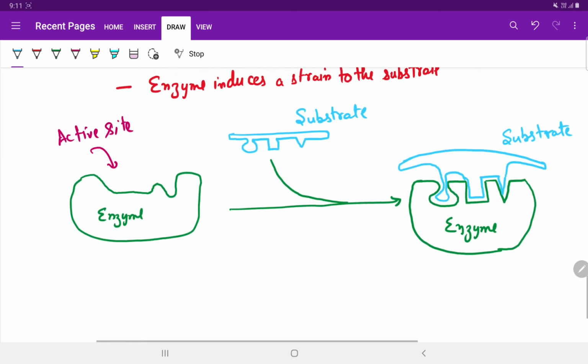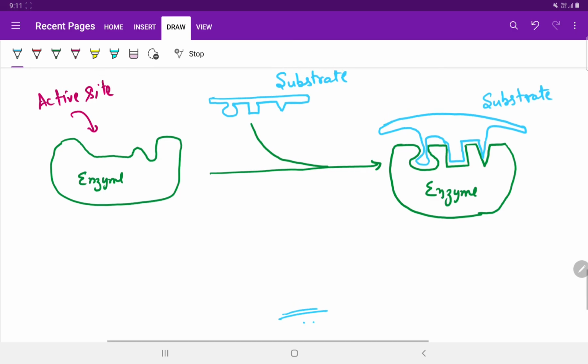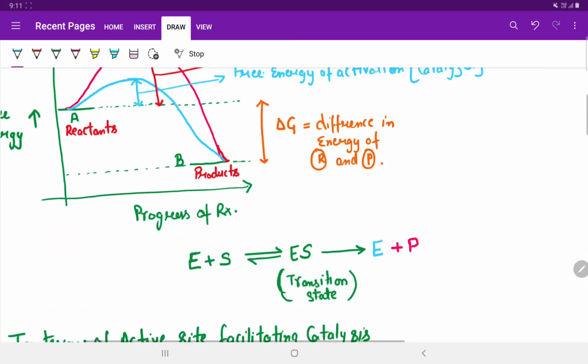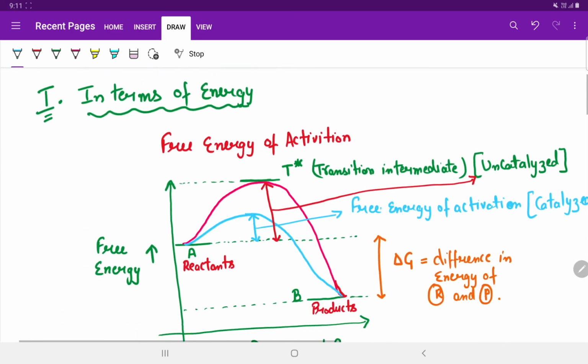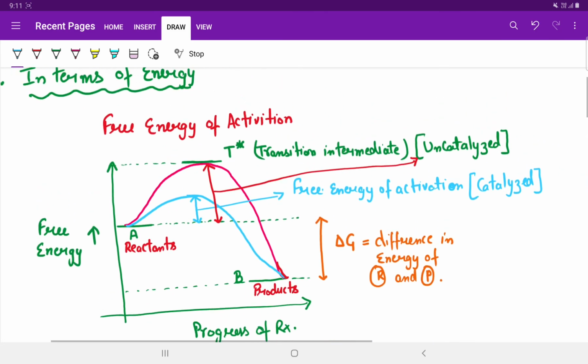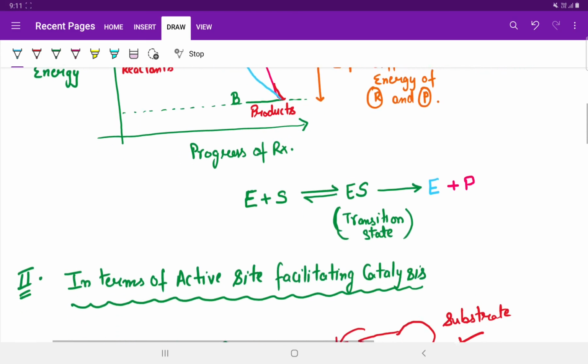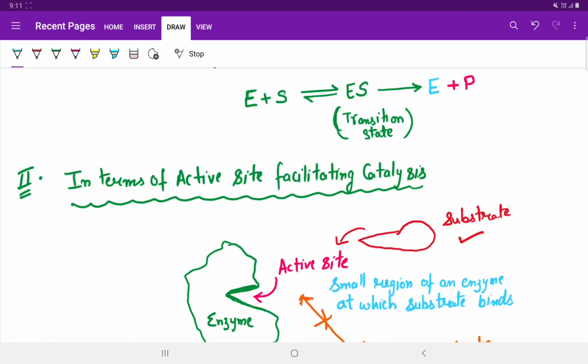So students, these were the various theories and concepts that govern the enzyme action. We have learned about the energy changes that are occurring in this, first in terms of energy, how the difference in the energy of reactants and products is vital to complete the reaction, and secondly, in terms of the active site facilitating the catalysis.